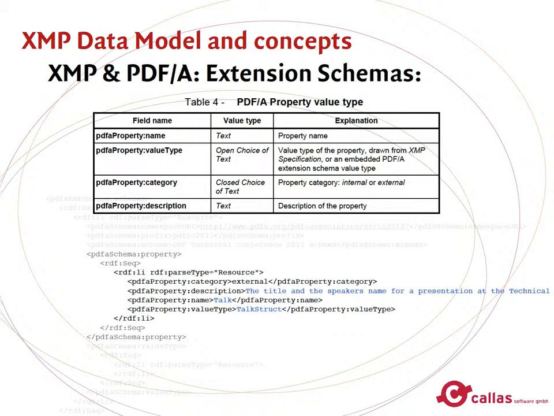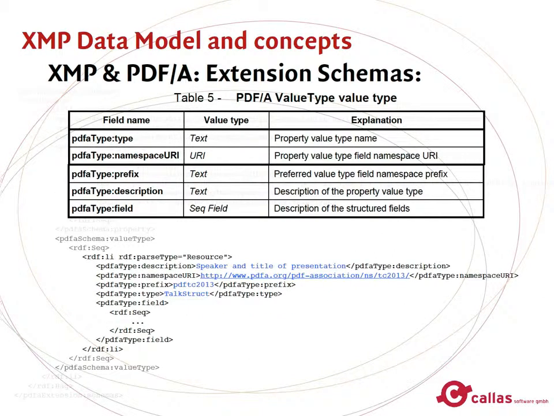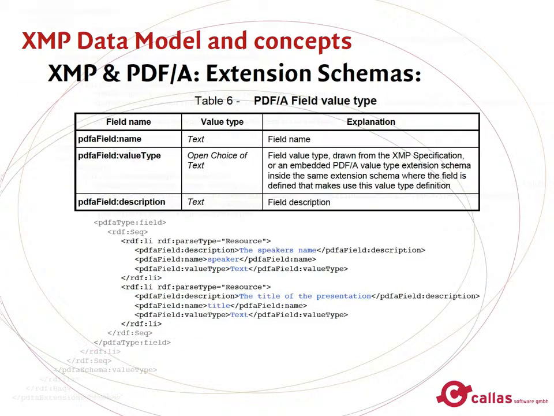So after the properties, I have to define the value types. They come in the second bag for the value types, and because I have a structure type, I have to put value types inside this structured value type again.